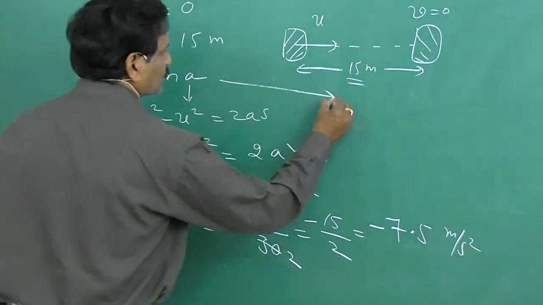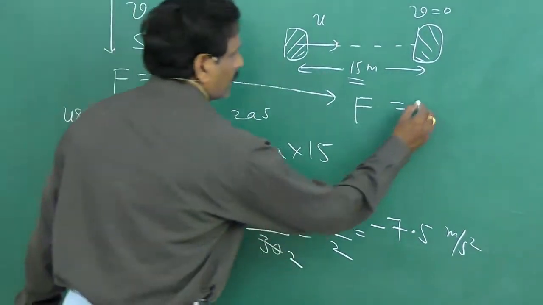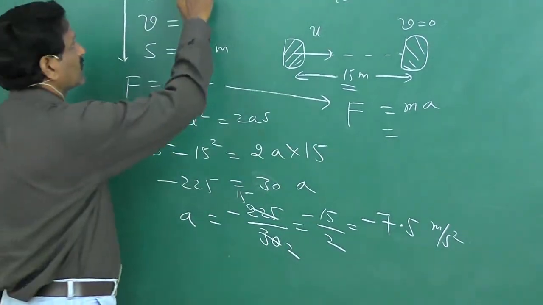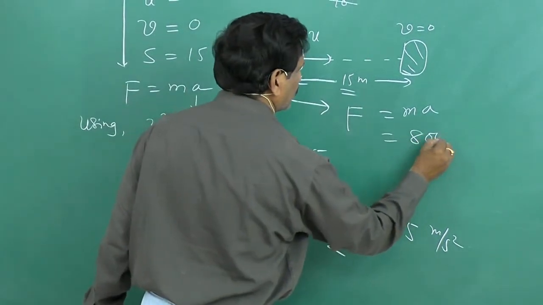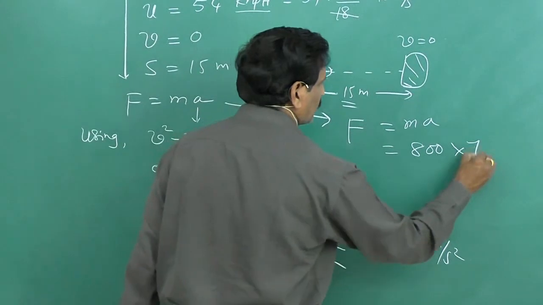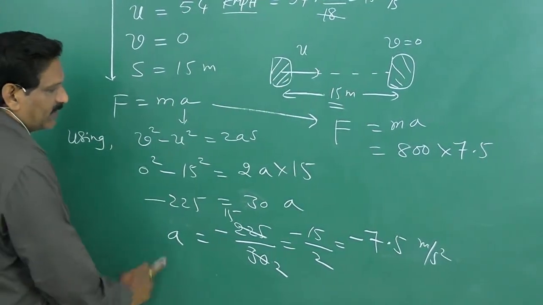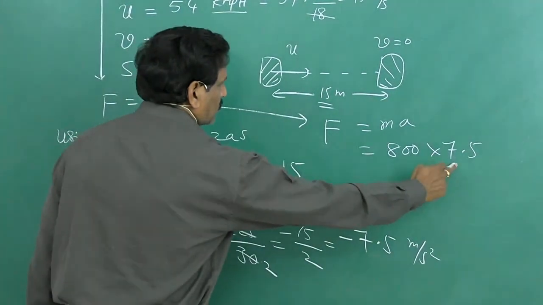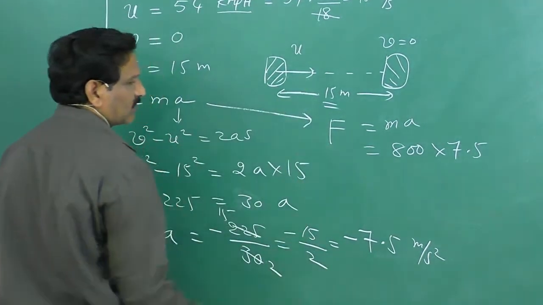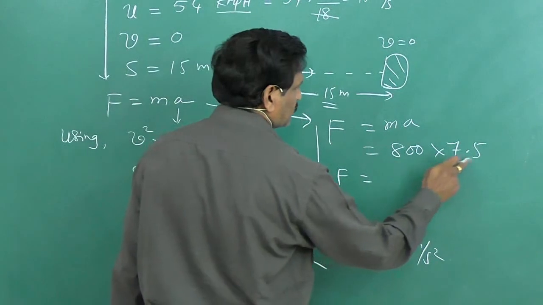Then retarding force F is equal to ma. What is the mass of the car? Mass of the car is given as 800 kg. So 800 into retardation, which is 7.5. Negative acceleration is called retardation, and retardation is produced by retarding force. So F is equal to 800 into 7.5.